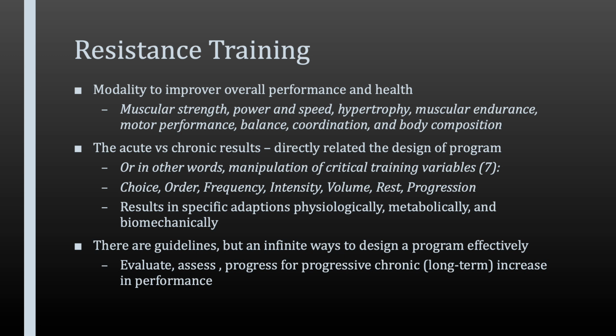We discussed a few of them last section: choice of exercise, order of exercise, frequency, how often are you working out, how often are you utilizing specific location of the body, upper body, lower body, muscle groups, intensity, how heavy or the load that you're lifting. This can also be interpreted as effort. Volume, referring to your sets and your reps. Rest, how much rest is in between each set.